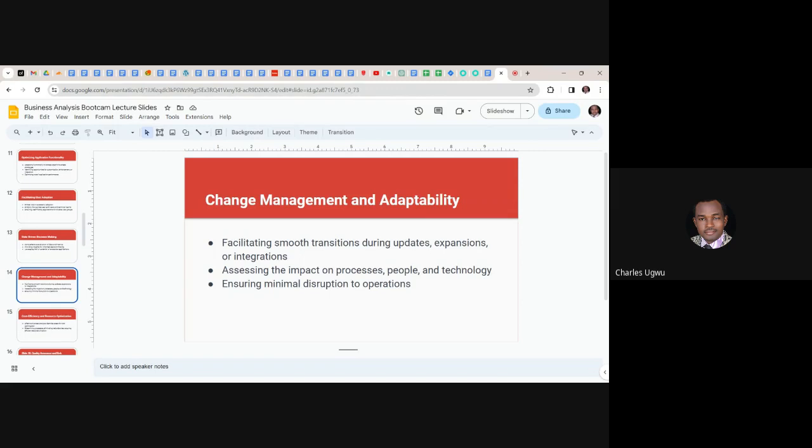So like I said, in change management and adaptability, it is very important that you, as a BA, make sure that the change you are bringing does not have so much negative impact, by trying to reduce the amount of disruption.